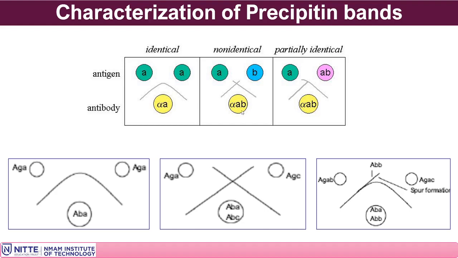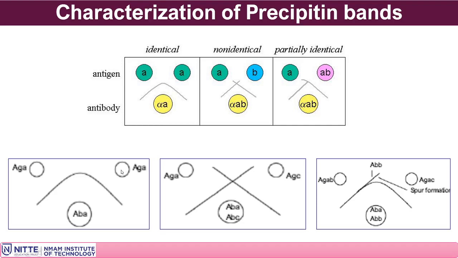If the precipitin bands produce a smooth curve like this, the antigen-antibody reaction produces a precipitin band of smooth curve as shown here or in this diagram, where the antigen loaded is almost the same in both the wells. The epitopes of those antigens are the same.